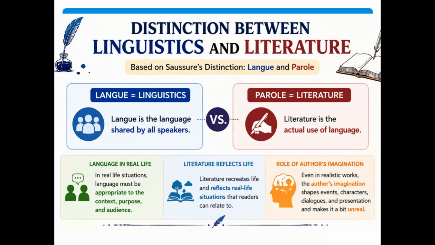Language is used for communicating in a particular speech situation, and the language used has to be appropriate to that real life context. Literature recreates life and therefore reflects real life situations, but literary situations, however realistic, are ultimately the result of the imagination of the writer and deviate from reality.